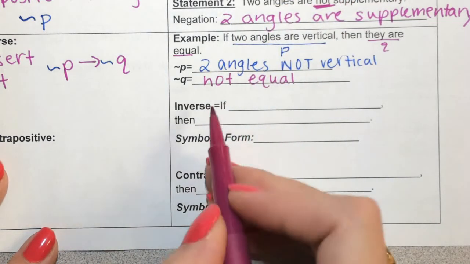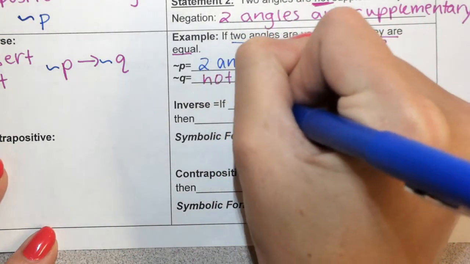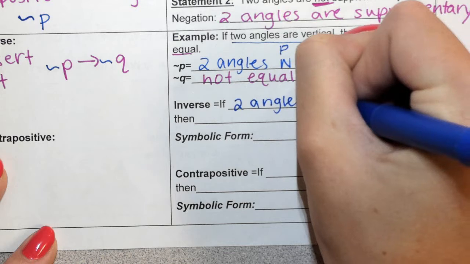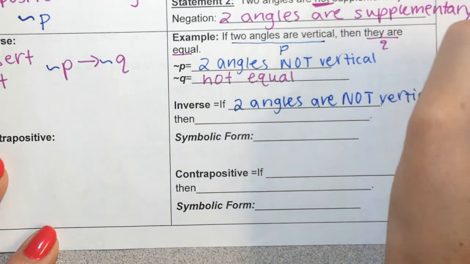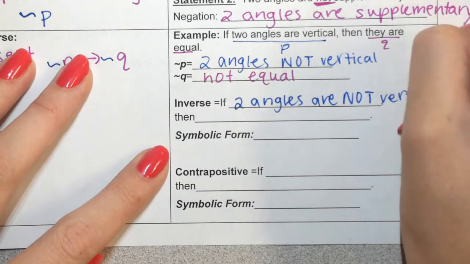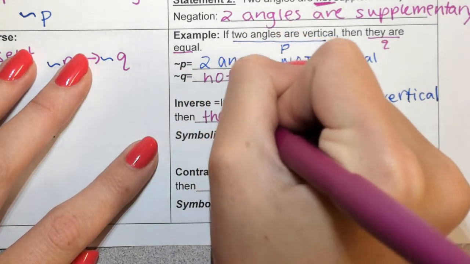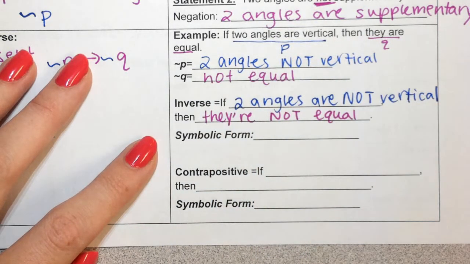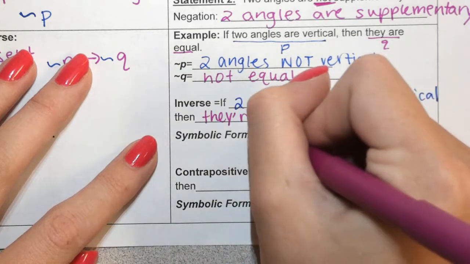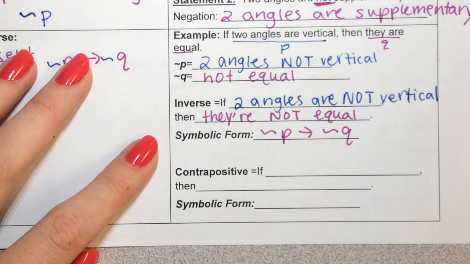So then if we write our inverse all together, we would say if two angles are not vertical, then they're not equal. So again, that symbolic form is squiggle P, squiggle Q.